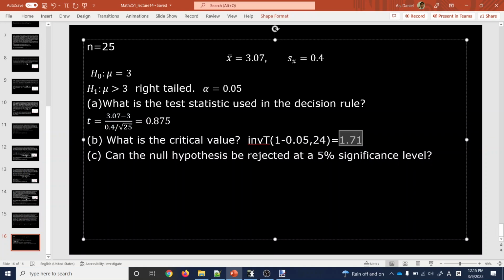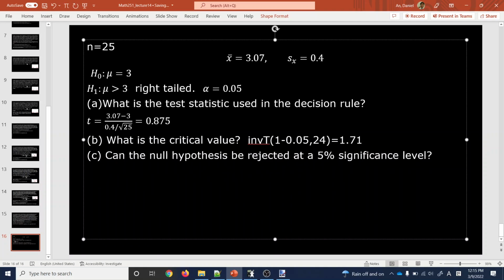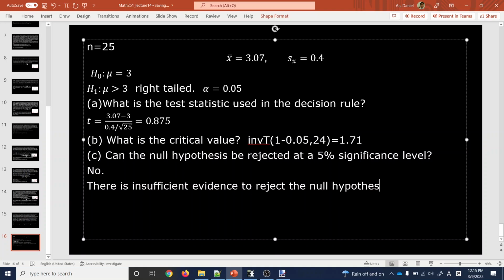So this number and above is the rejection region, and this is below that, okay? So the answer is no. There is insufficient evidence to reject the null hypothesis. And that's it.